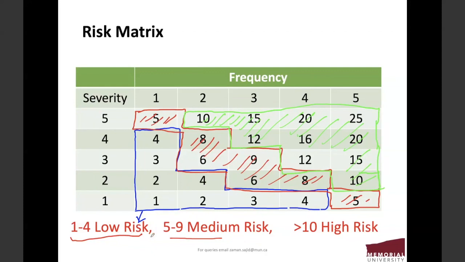Okay, so we have the low risk, the medium risk, and the high risk. As I mentioned, usually you don't see the numbers in the risk matrix because it's a qualitative matrix. But again, how do you decide the location of a specific color? If you don't have the numbers here, for example, you may include it in the green, which according to our criteria will be wrong, of course.